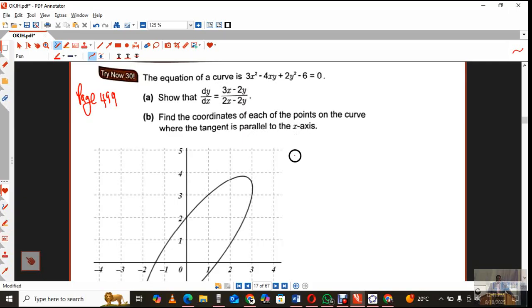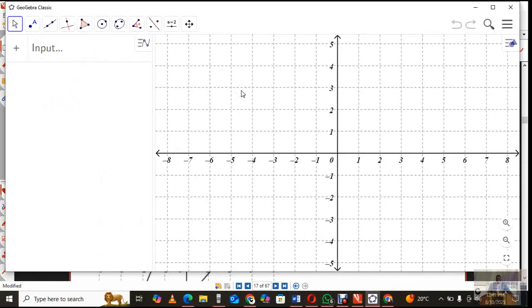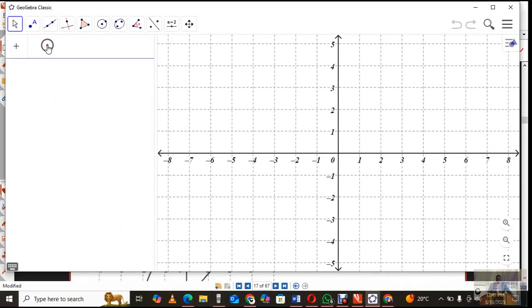So let's see. If I was to use GeoGebra, let's see quickly. I'm going to input the equation of the curve.